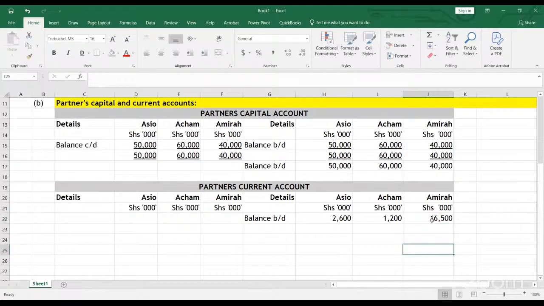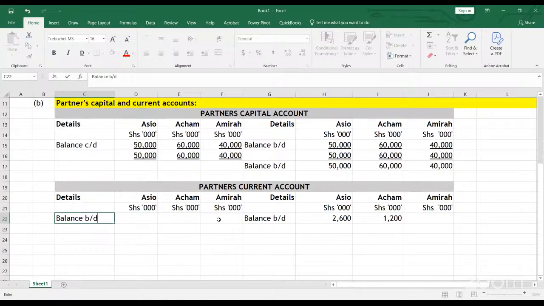No, for Amira, one of them has a debit balance. Sorry, I think that is Amira, right? Yes. So balance brought down for Amira is on the debit, so you take it to the debit. That is 16,500.